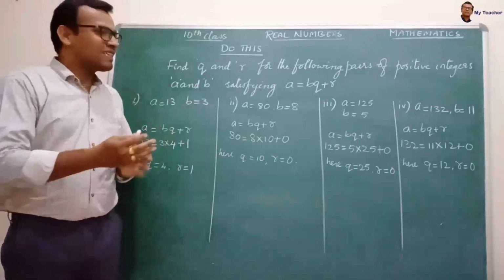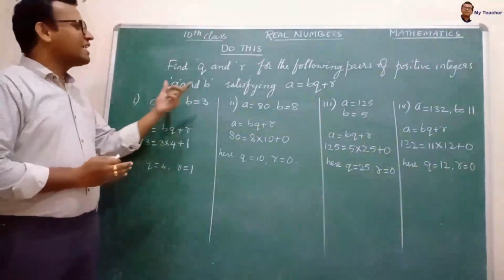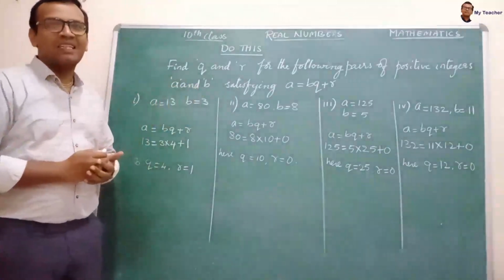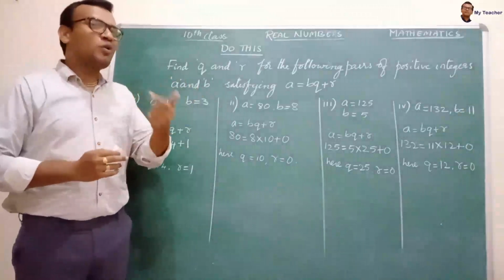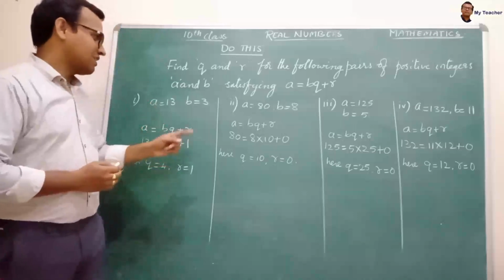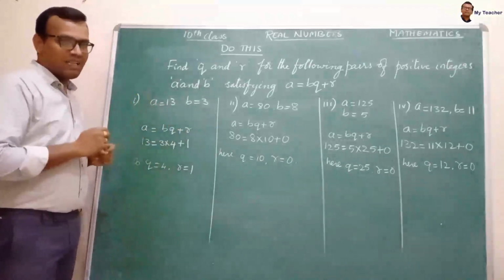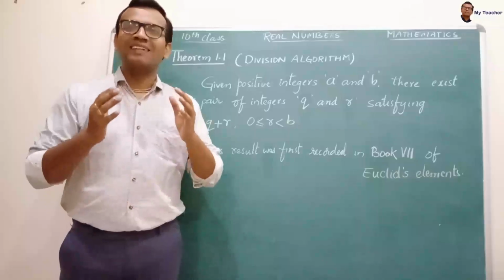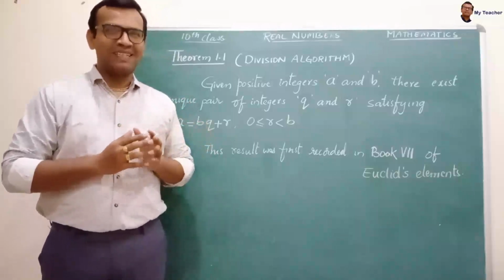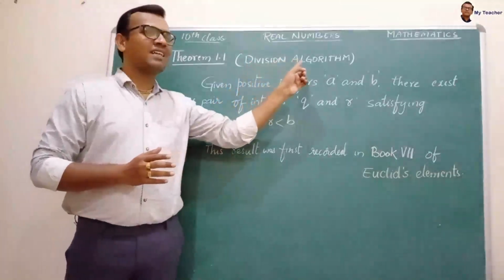So from these examples, we can again further confirm that for any given 2 positive integers A and B, there exist 2 more integers or 2 more whole numbers Q and R which satisfy the relation A is equal to BQ plus R. So the results we obtained from the previous examples lead to Theorem 1.1, called the division algorithm.